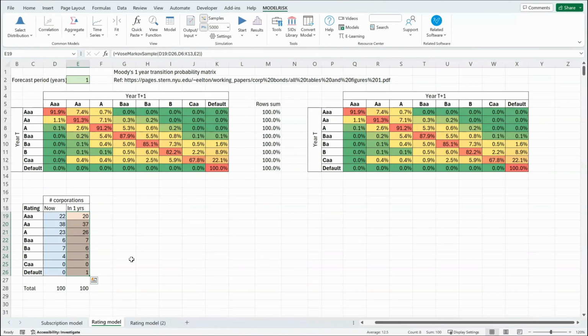And this is modeled using the Vose Markov sample, where the inputs are the Markov transition matrix and the number of periods and the initial number of entities we have in each state. And because it's a probability model, if I hit the F9 key, you will see that these change, but they all sum to 1 at all times.